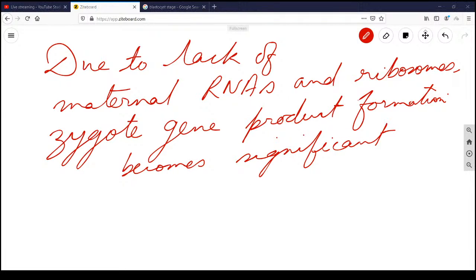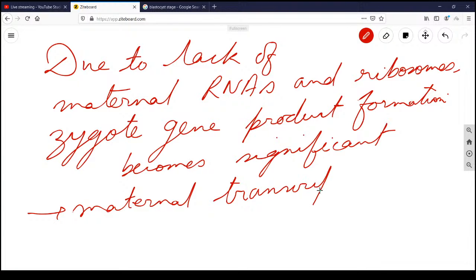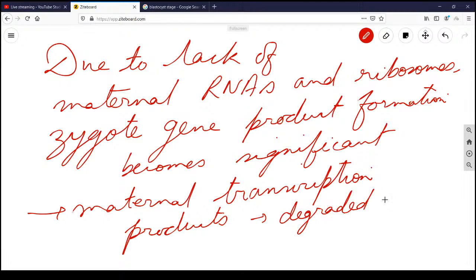Means that, as I told you, after the two cell stage only, maternal transcription products are degraded after two cell stage only.